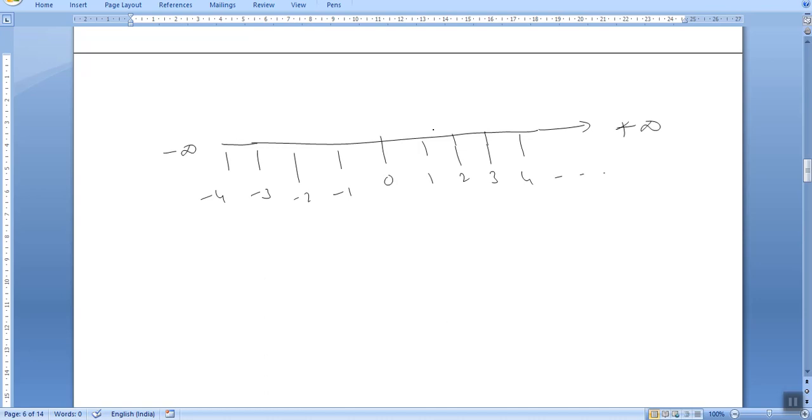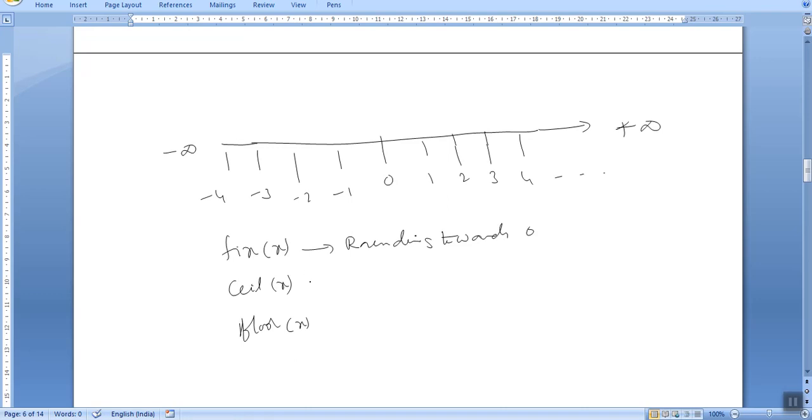What about fix? What about ceil? What about floor? Fix is rounding towards 0.